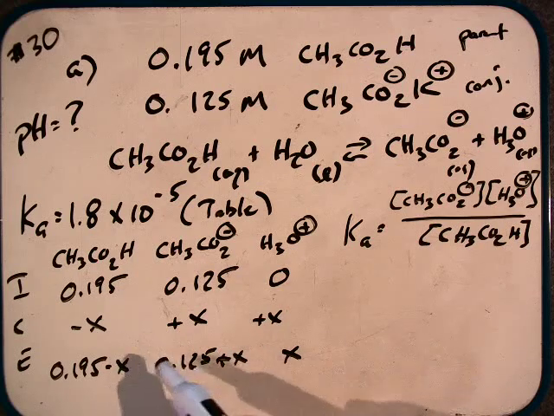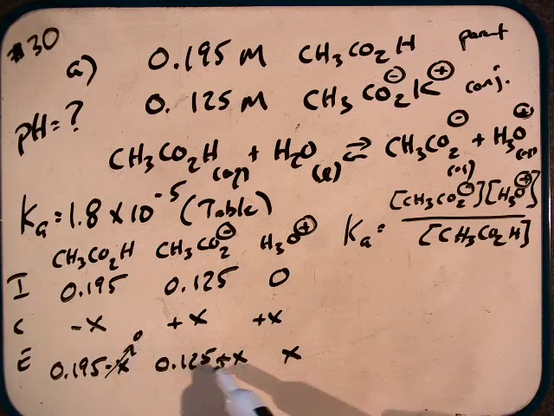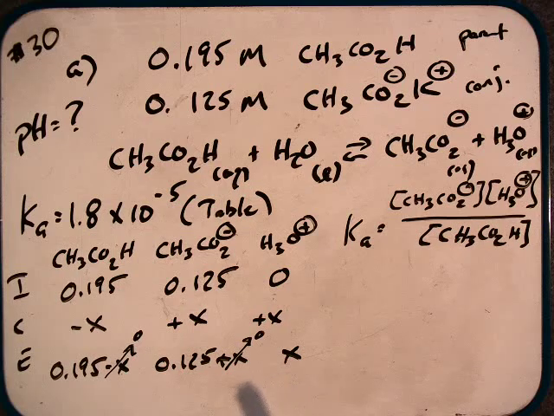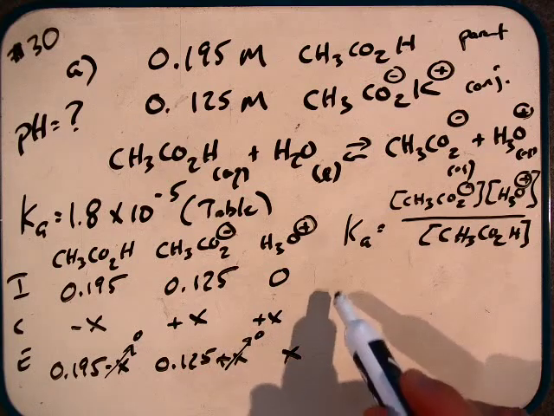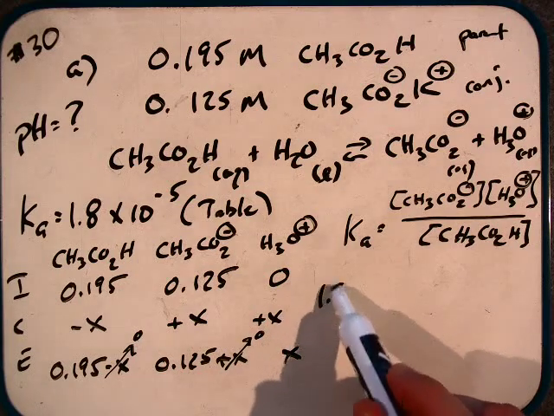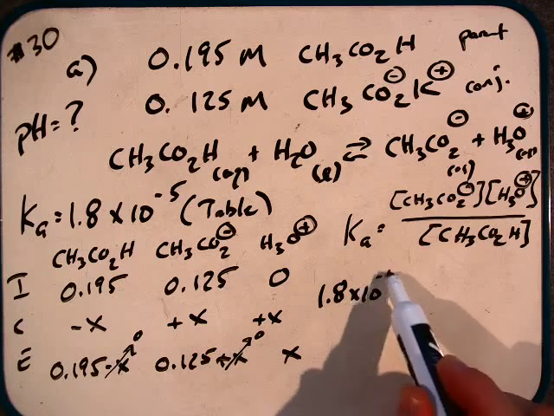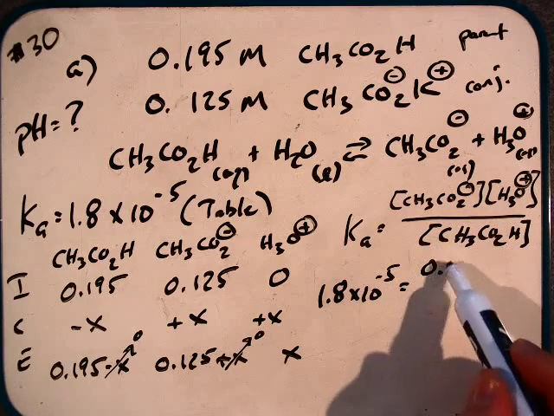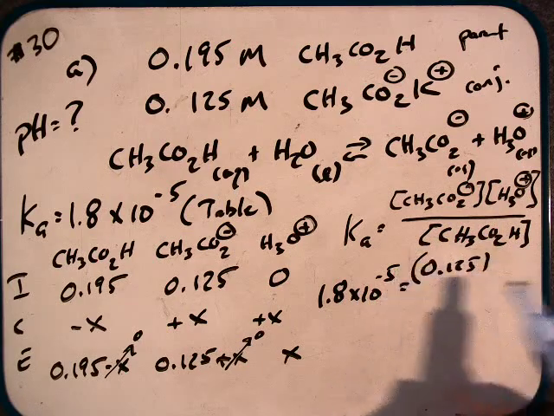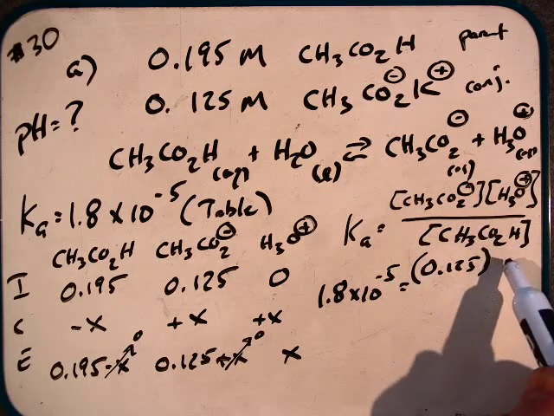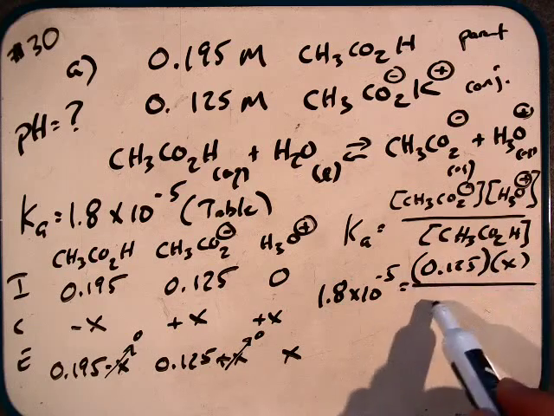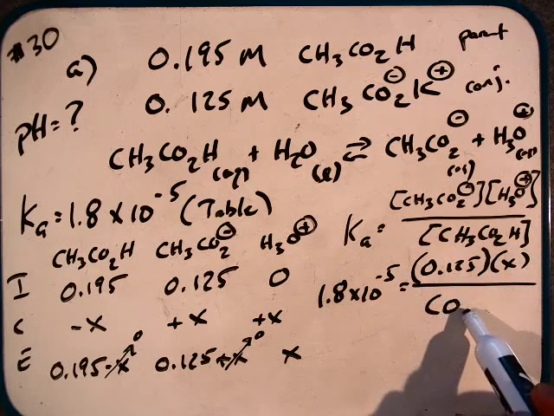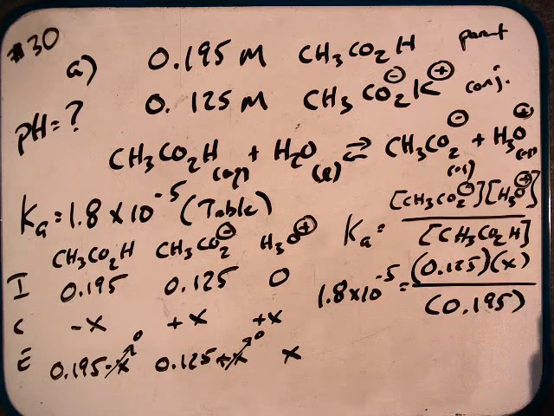We're going to do just like we've done before. We're going to assume that that X is negligible compared to these initial concentrations, and so our Ka, which is 1.8 times 10 to the negative fifth, is going to be equal to our acetate, which is 0.125 times X over 0.195.